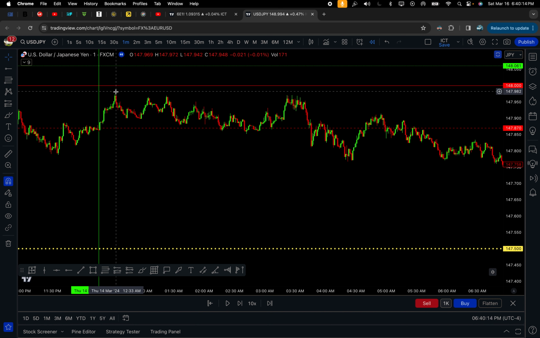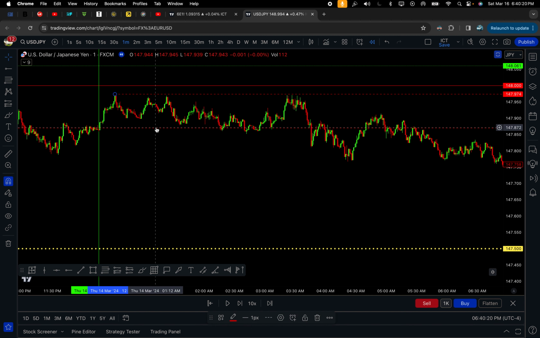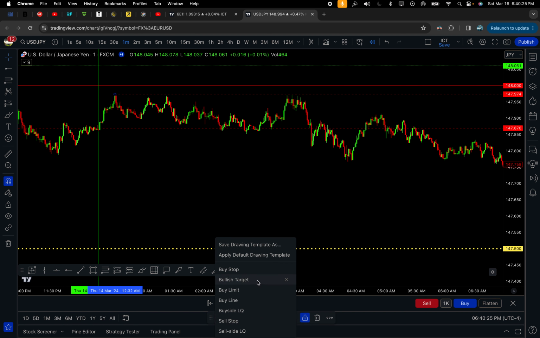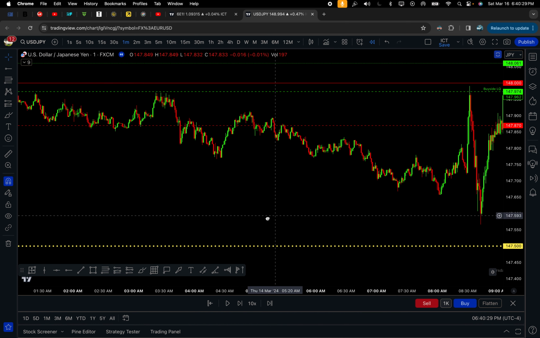What is all this? Buy stops up here, right? So all this is buy side liquidity. This, in other words, is buy stops.